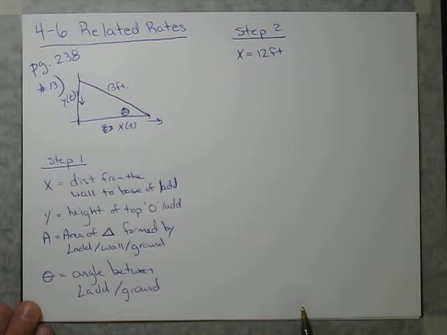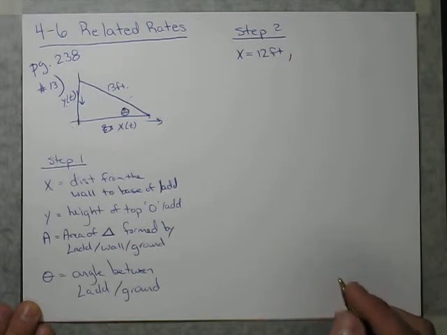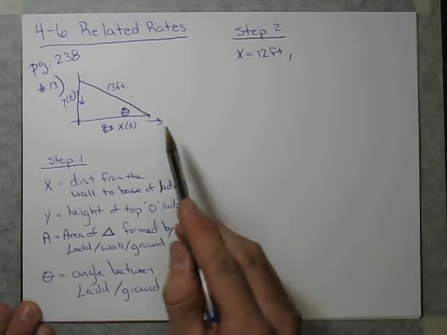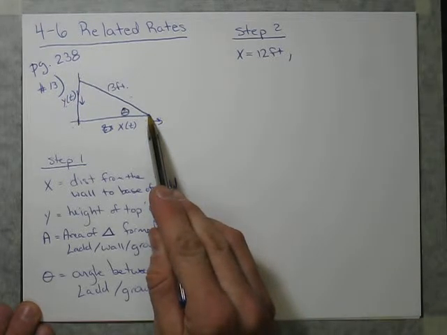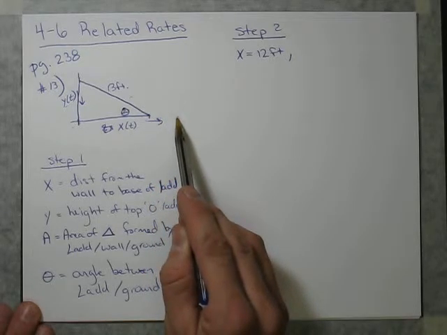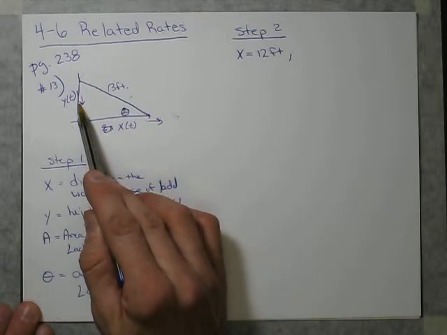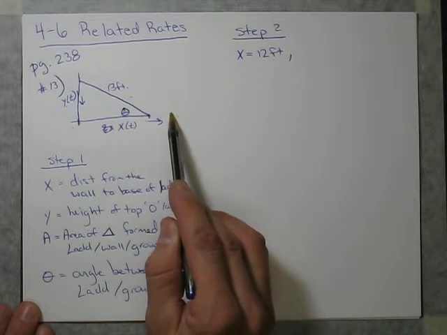What else do they tell me? They tell me that the base is moving at a rate of 5 feet per second. So this base is moving in this direction along your x-axis at a rate of 5 feet per second. So that is not the height moving down at 5 feet per second. It's actually the base moving at 5 feet per second.